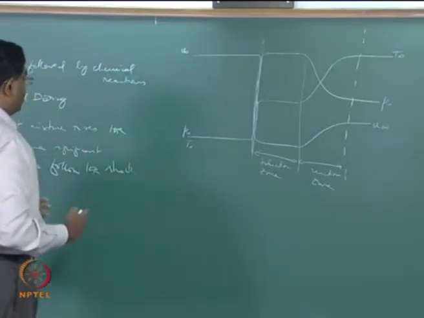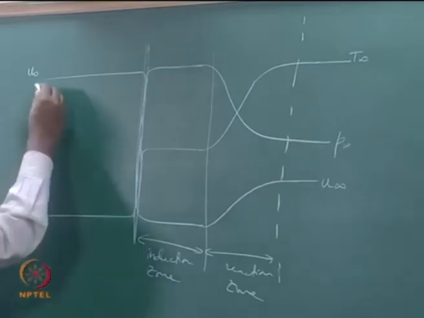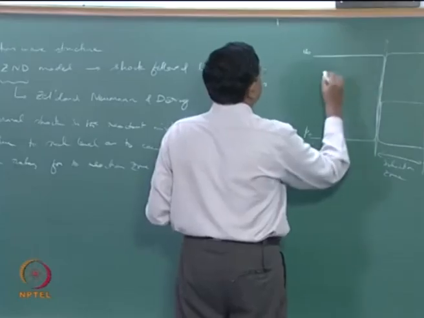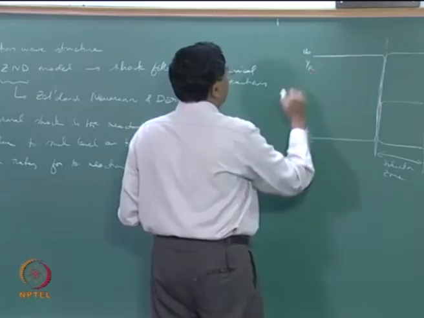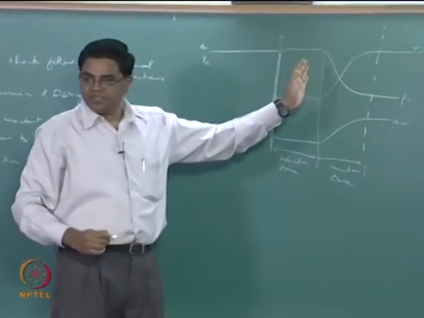So these are the kinds of things that are going on, similar. But then of course, if you now think about reactant concentration, you started out with a high reactant level, so let us say YR, but no change across the shock.